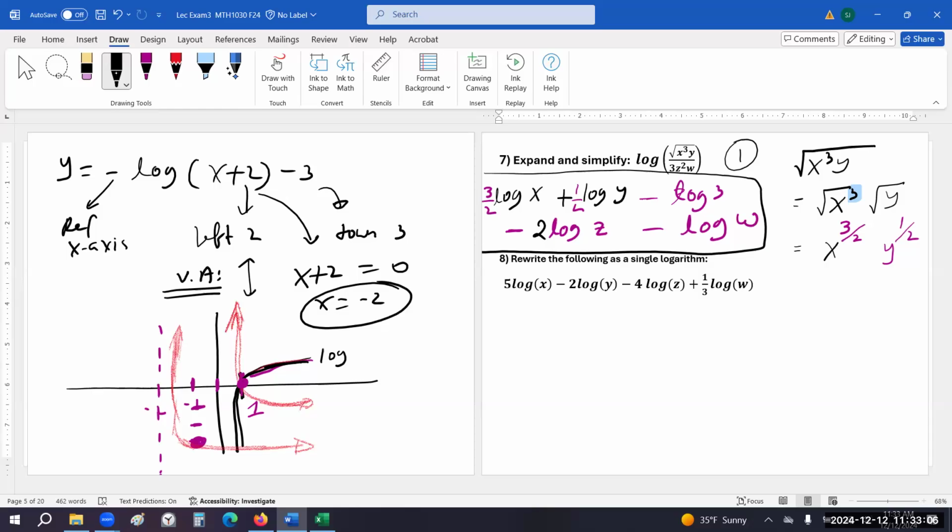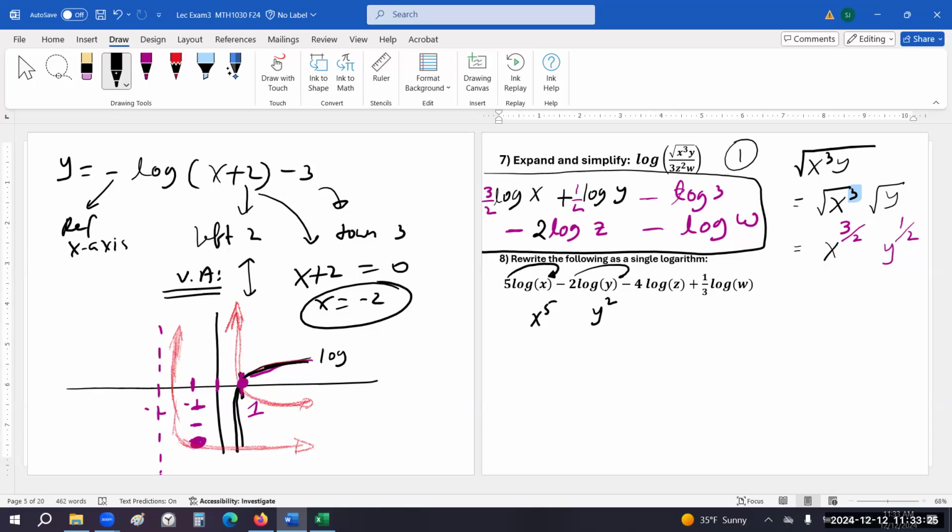The next one is the other way around. What we did here, it's completely opposite. So everything you have as a coefficient becomes a power. Every coefficient, only the number, not the sign. A few of you took the sign and put that sign inside the log.